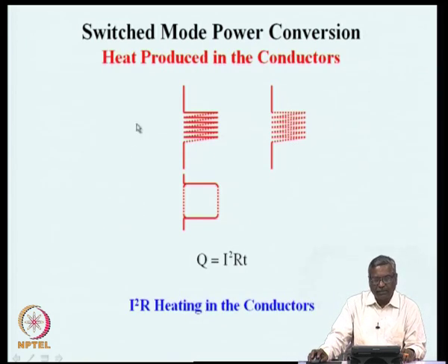There is another constraint in the inductor, which is the heat produced in the conductors. The conductor has some resistance, and if a current is flowing through that, this I square R will produce heating of so many watts every second, or the heat produced in joules will be I square R into T. This kind of heat has to be removed from the conductor, otherwise the conductor will become hot and eventually damage the insulation or melt the wire.